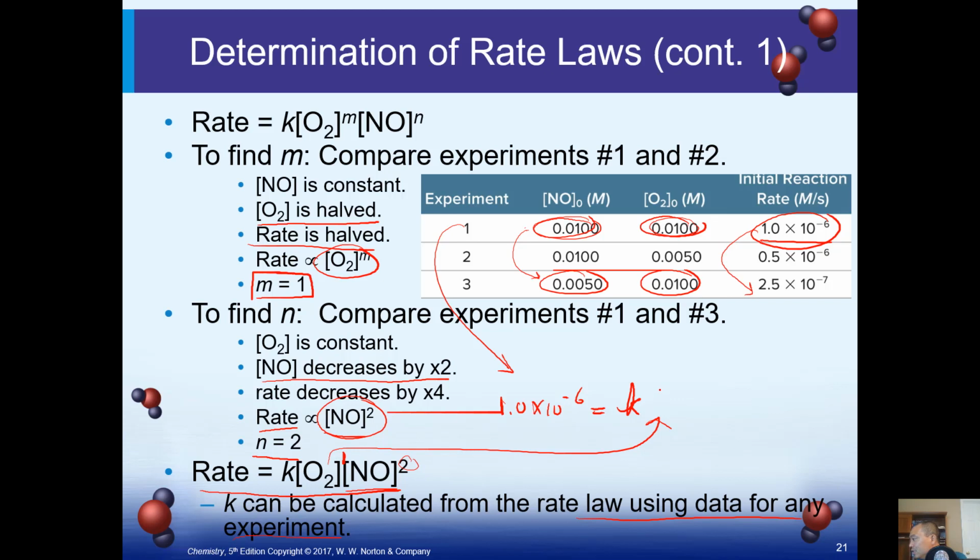O2 is 0.0100, as you can see in the first experiment, times NO squared. We substitute the NO concentration over here. NO is 0.0100 squared. Then we can calculate K. K equals 1 mole.